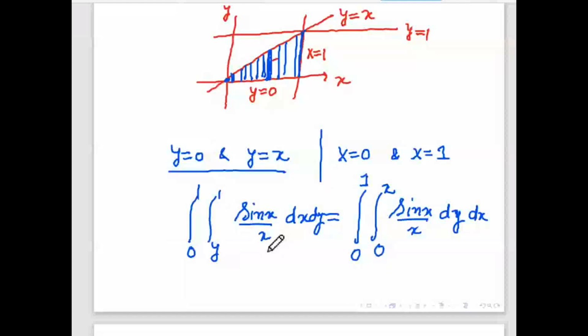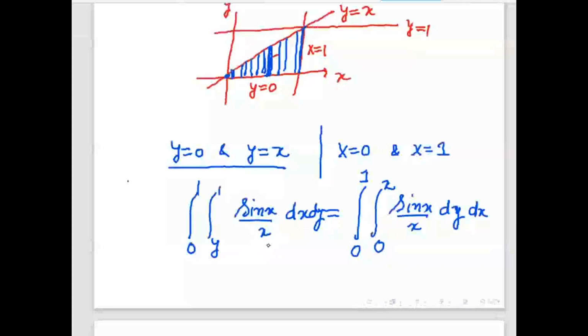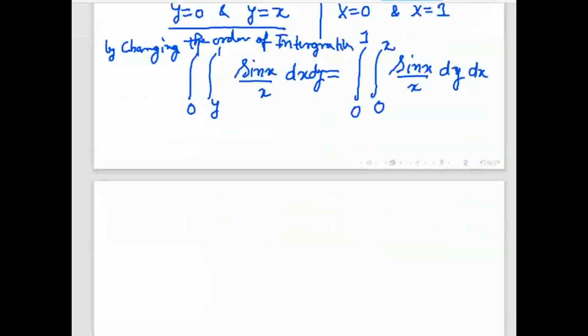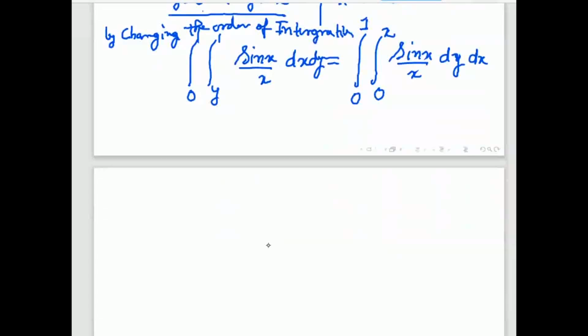So now once we are able to change the order of integration, here you have to write: by changing the order of integration, this is equal to this from this picture. Now we can integrate. So what is the integration of sin x by x with respect to y?